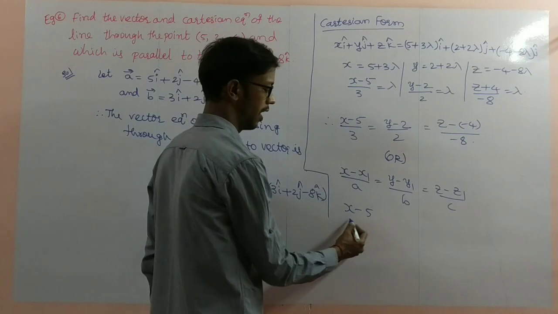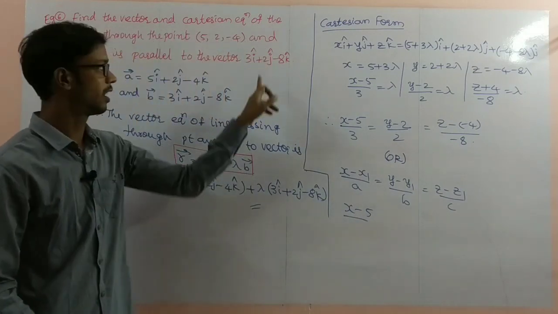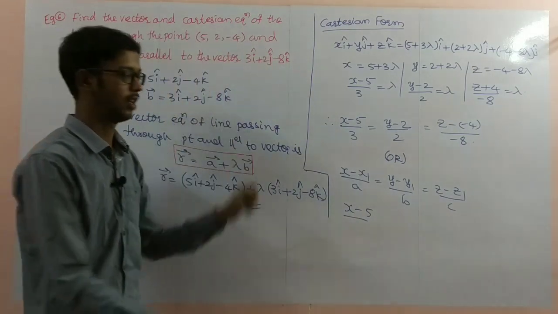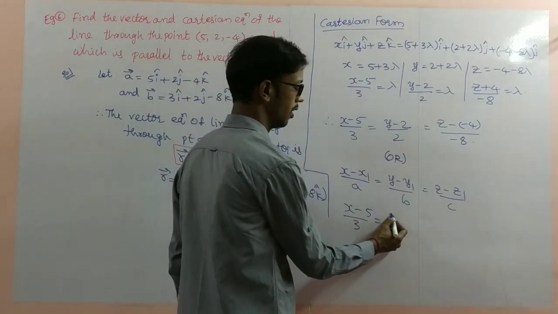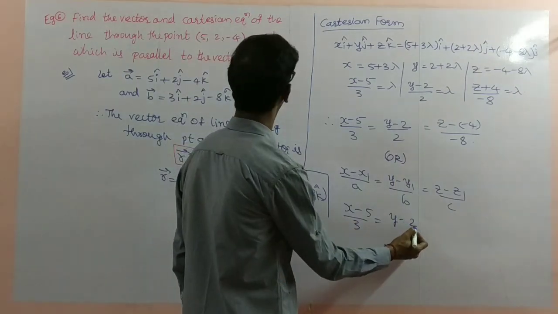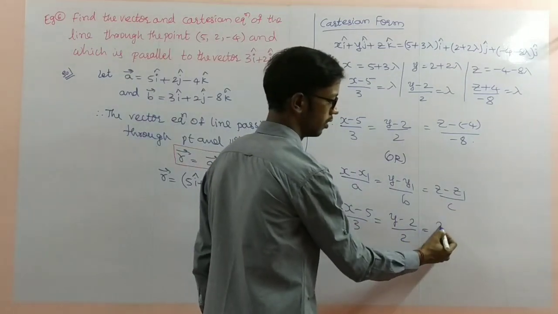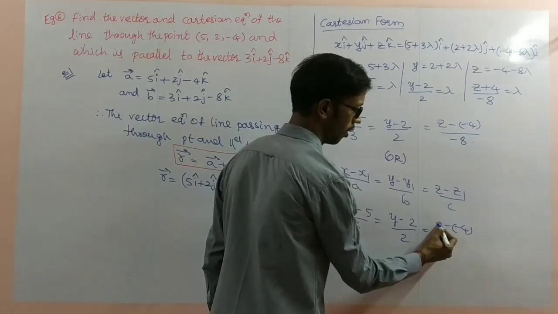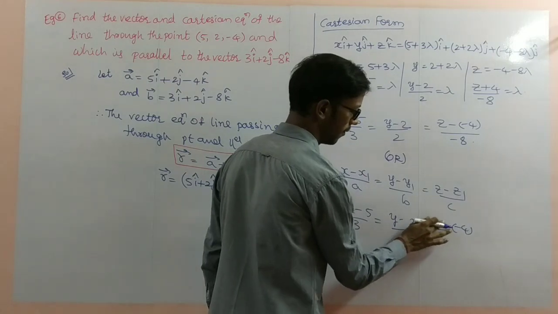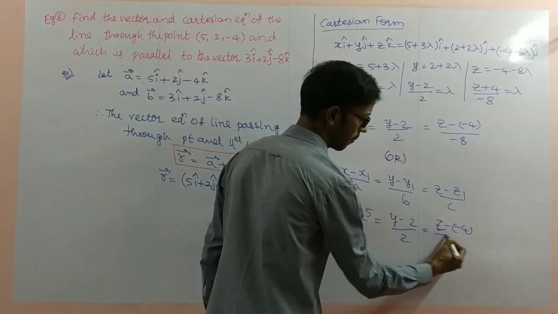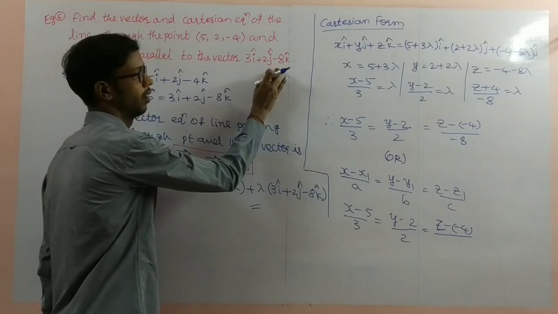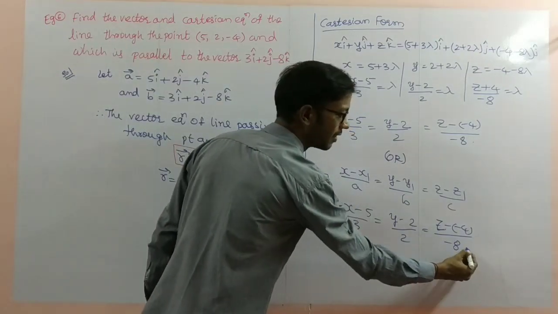So x minus 5 by 3, the vector coefficient; y minus 2 by 2; z minus of minus 4 by minus 8.